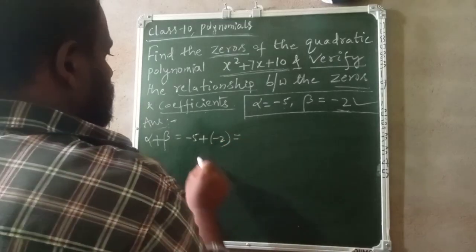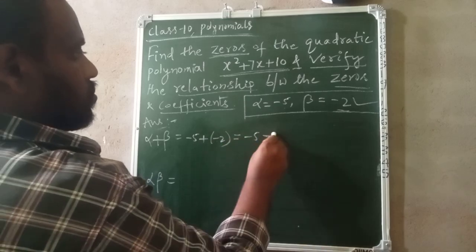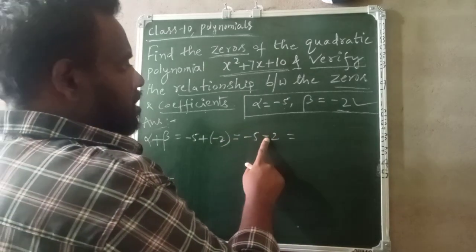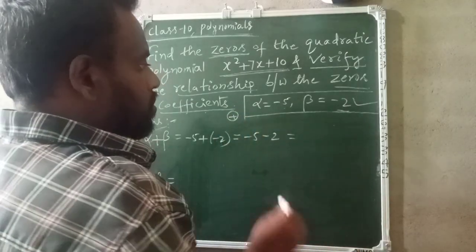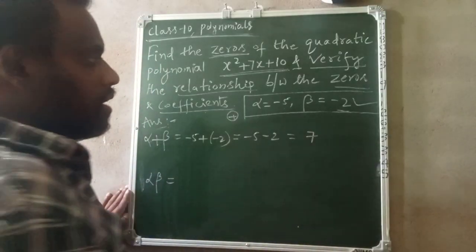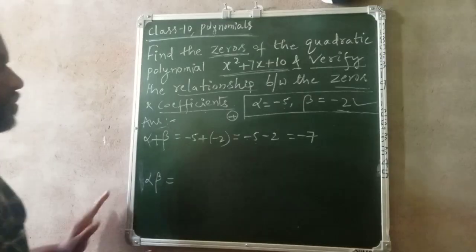Now that is equal to minus 5 plus into minus, minus minus 2. Now see, when you multiply this minus and minus, minus into minus plus, that means we have to add. So when you add 5 and 2, you get 7, no? The sign in front of bigger number 5 is minus. So that minus you have to keep.